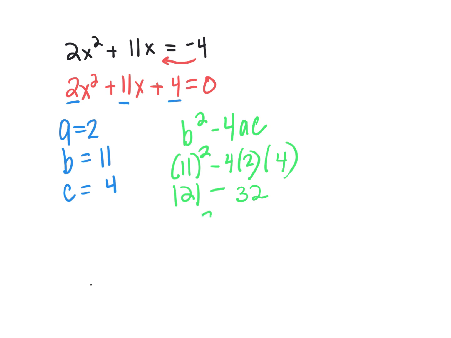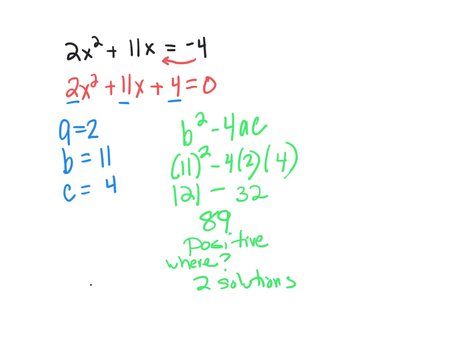And that is going to give me a discriminant of 89. Now, since that discriminant is positive, then that tells me I need to keep going and I need to find out where the 2 solutions are. I know I have 2 solutions, but where are they?